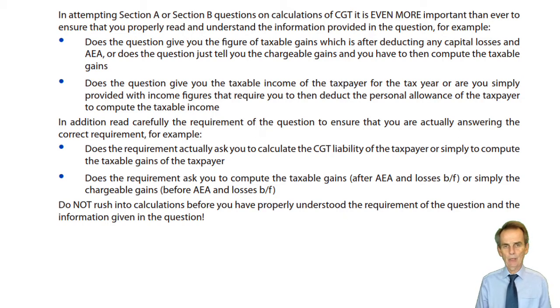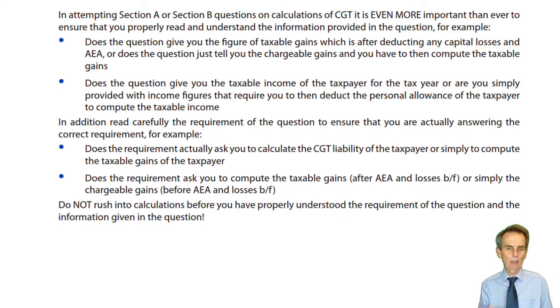And most of this comes down to not rushing the question. Too many people do not look in detail at the requirement of the question or indeed fully understand the information provided within the question. In their haste to press buttons on the calculator, which they do very quickly, they don't always press the right buttons. Or if they do, they don't always go to the end result that is required of them.